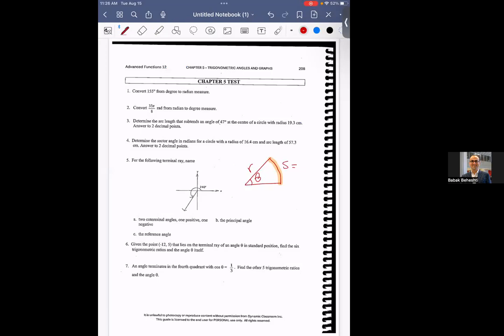You remember? R times theta. But theta here is in terms of radians. Okay, so no question in the first page?